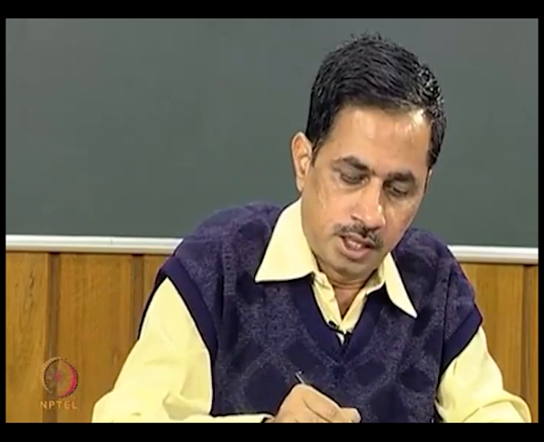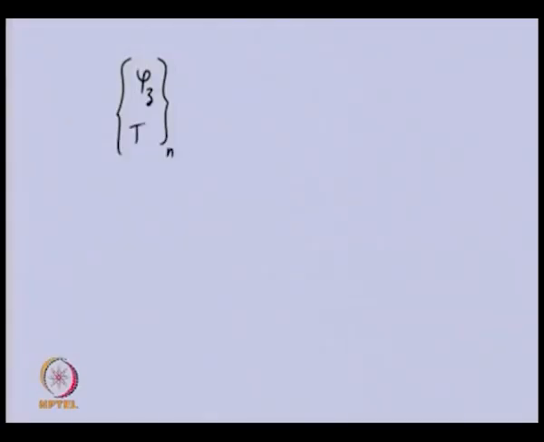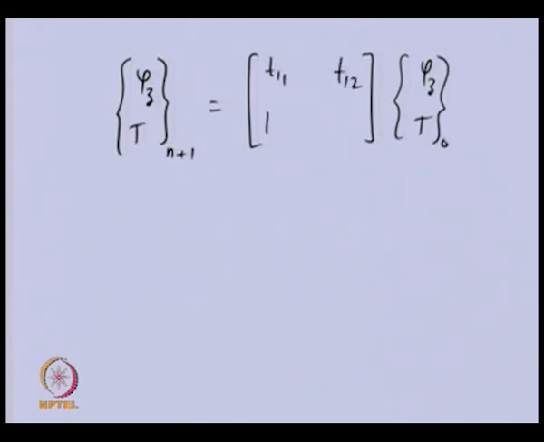Now, let us see how we can obtain the frequency equation from which we can get the natural frequency for, let us say, the free boundary condition. So, we derived earlier this particular state vector, and we had multiplication of various transfer matrices like this.